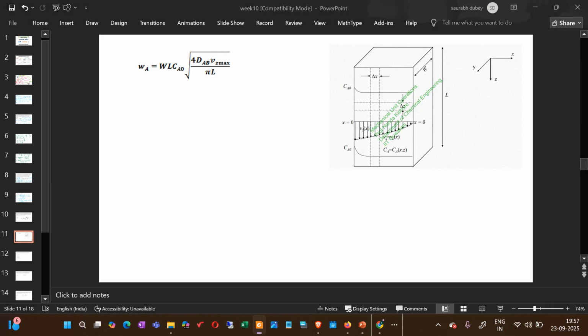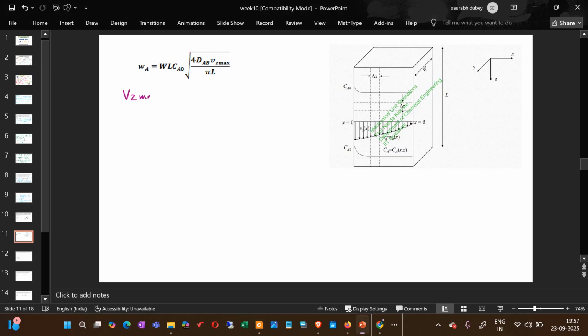We are in the third question. So you are given VZ max equals to 26.55 centimeter per second, right? And DAB is 1.26 into 10 to the power minus 5 centimeter square per second.